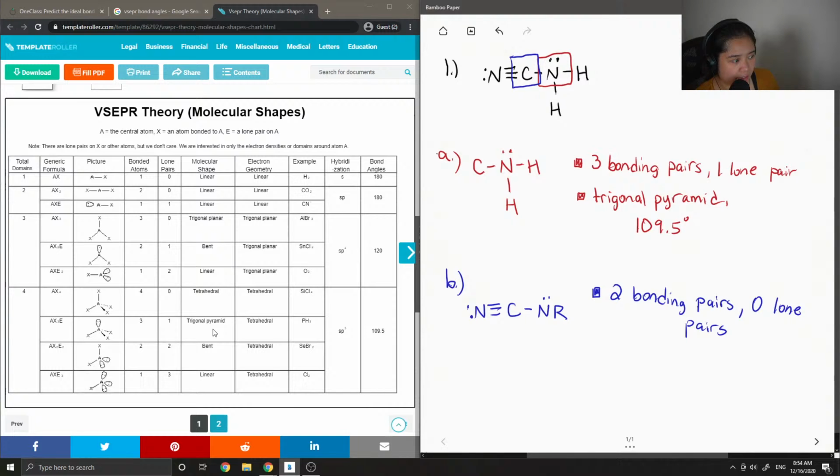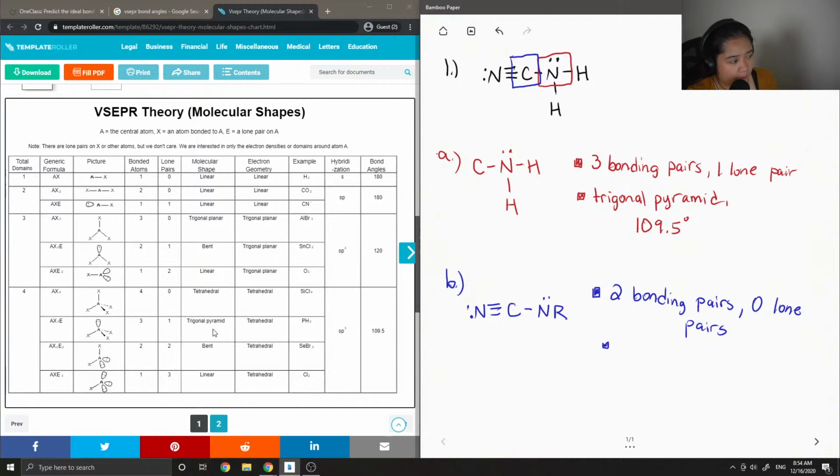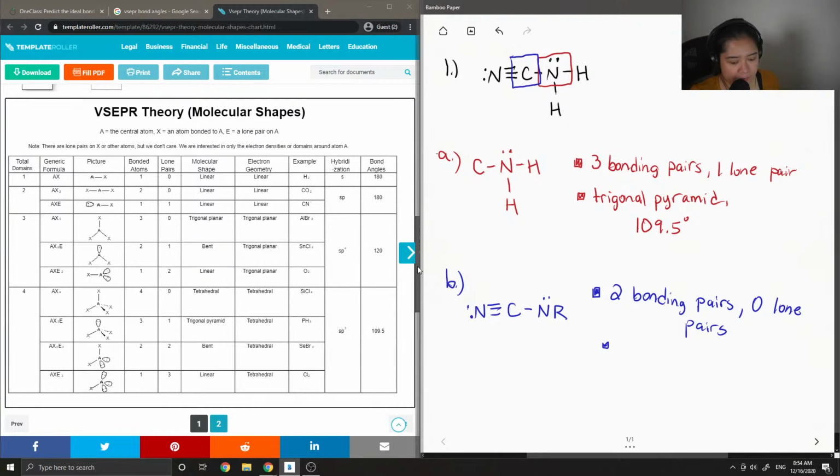So if we go back to our VSEPR theory chart, you see here, when the central atom looks like this, it's almost like it's linear. So its molecular shape is linear. And we can also predict that because the carbon has a triple bond, so it prevents a lot of the different angles you might have.